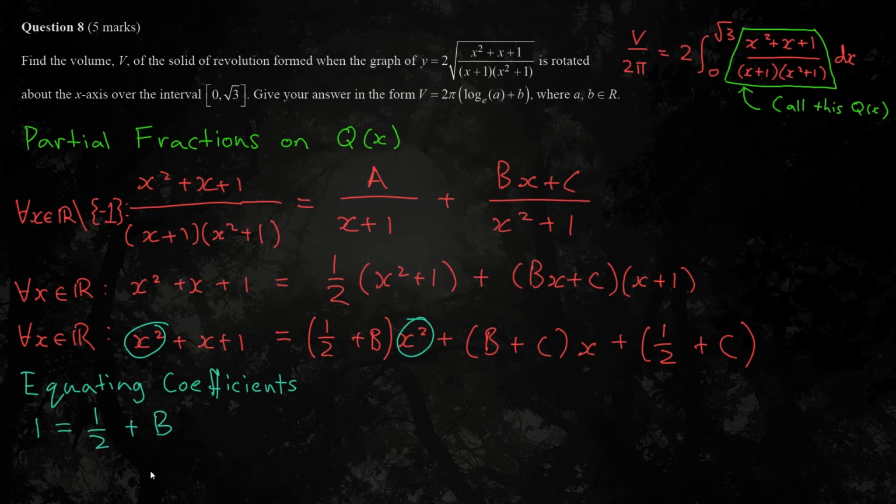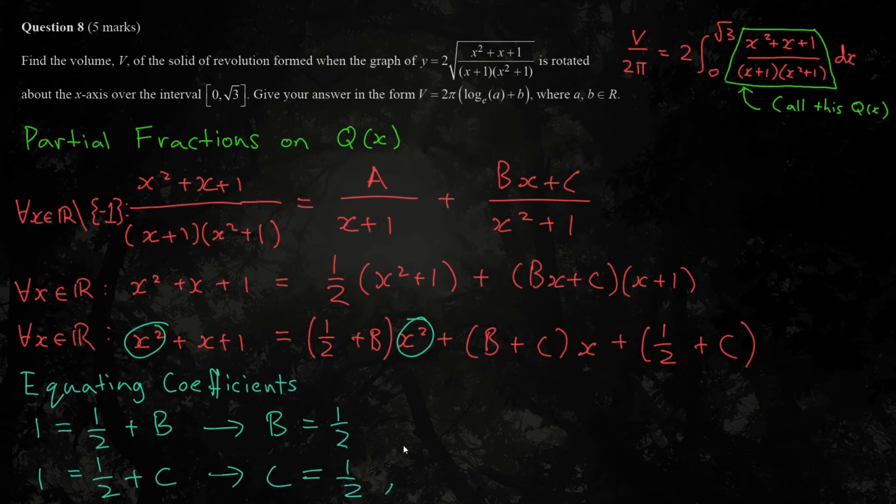And similarly, we can do the same with our constant term, right? So the coefficient of our x to the 0 term here is 1. The coefficient of our x to the 0 term here is 1/2 plus c. And so this gets us b and c. So b is 1/2, c is 1/2.